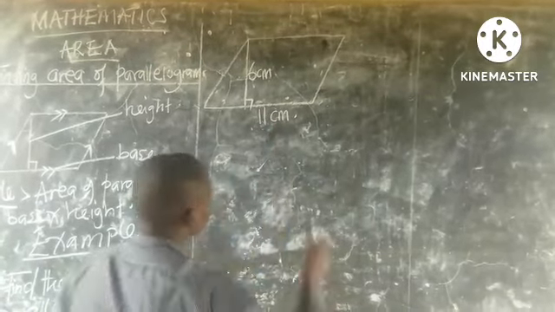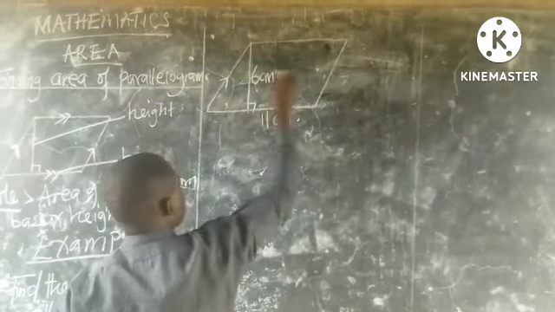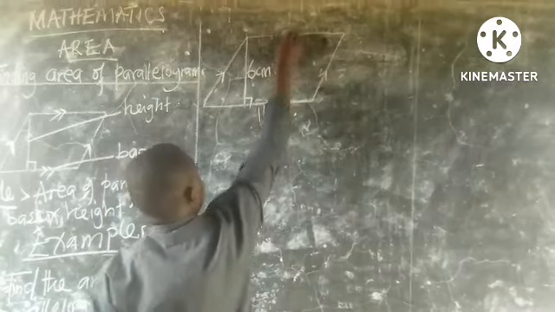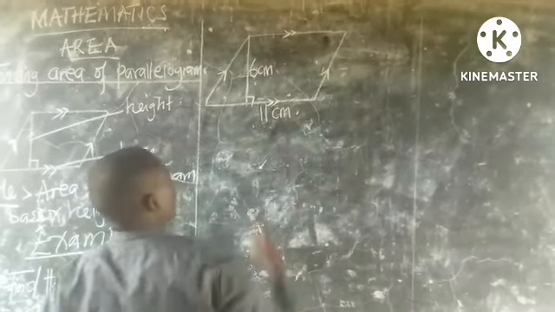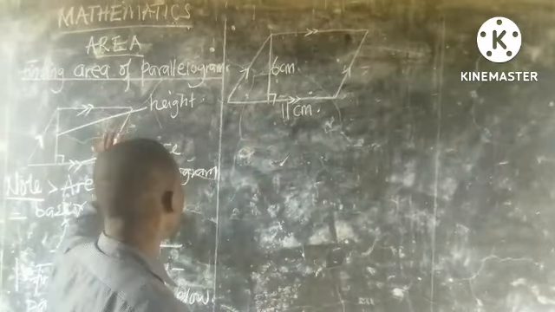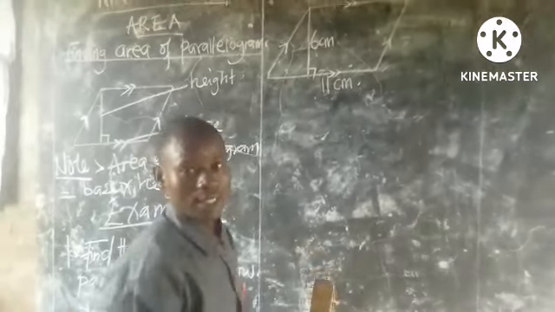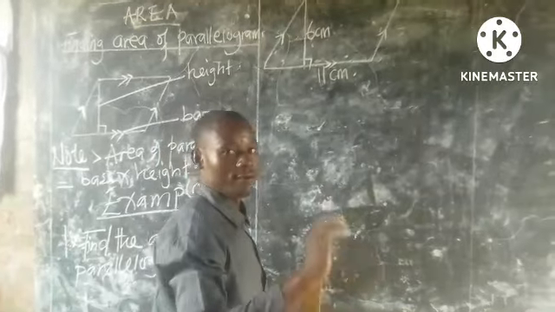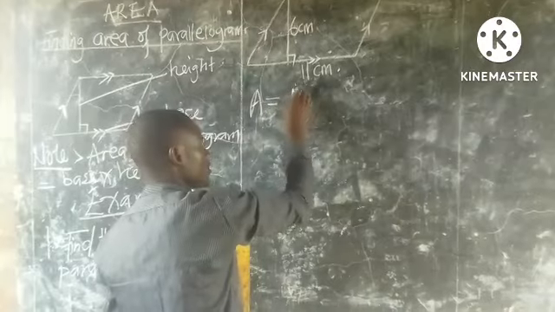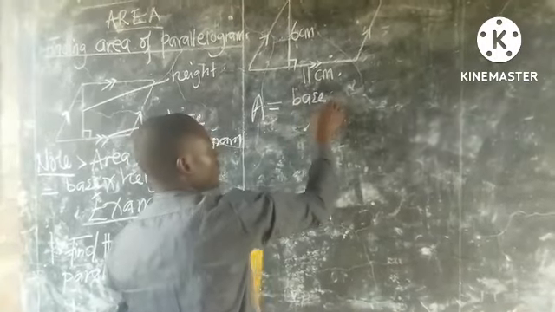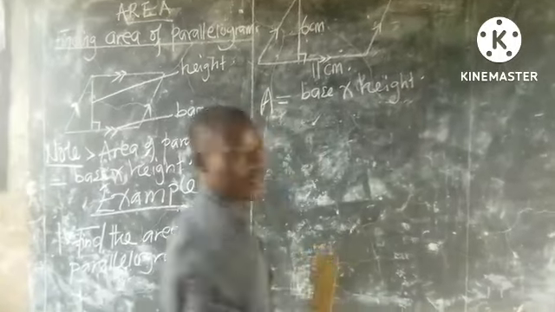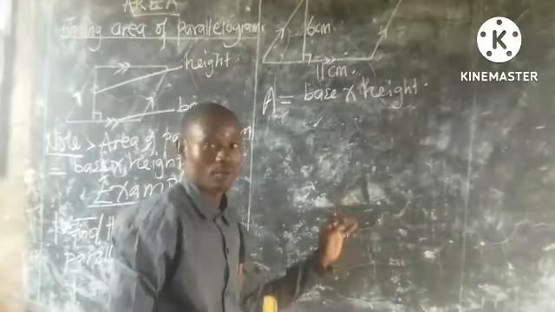And we have been informed that the slanting sides are parallel to each other, and the base also. We have to go back to our method that we have learned: area of parallelogram equals base times height. It is just very simple, like that.